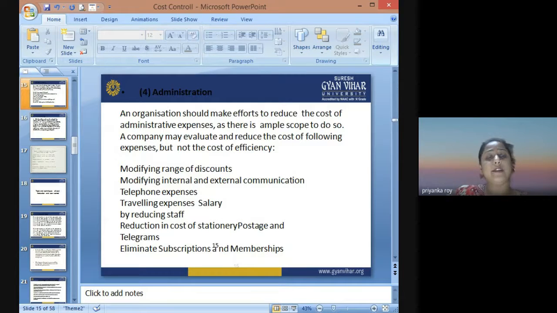Then you have administrative: an organization should make an effort to reduce the cost of administrative expenses.